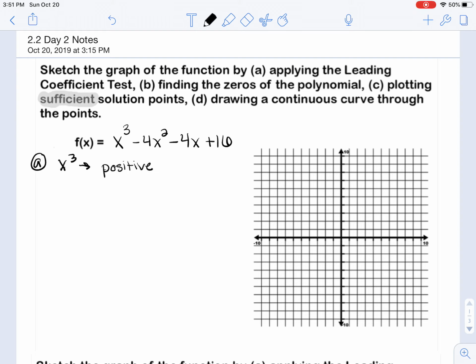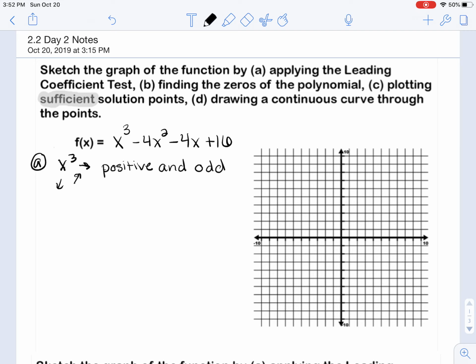And then we have to determine, is it even or odd? It's to the third power, so that would be positive and odd. So you have to think about what the end behavior is going to be, and that is going to be your rising disco. So that's going to be falling to the left, but rising to the right. So the first thing you want to do is figure out what the end behavior is going to look like.